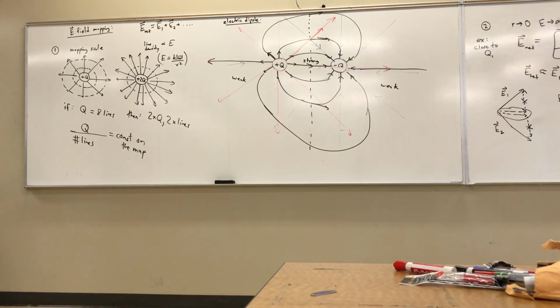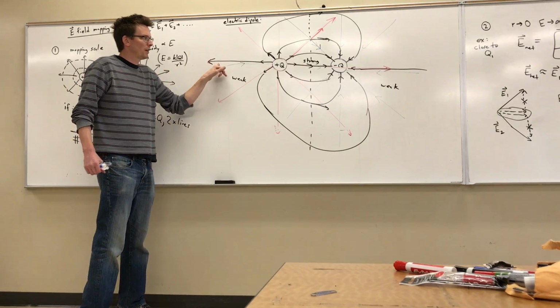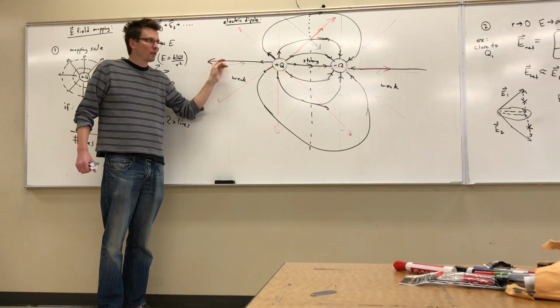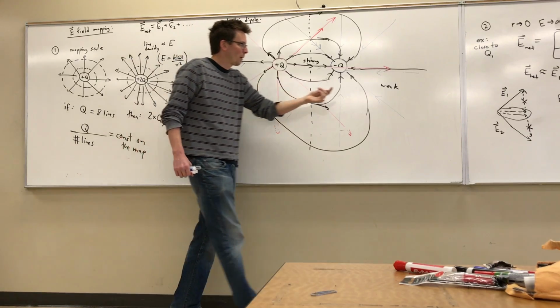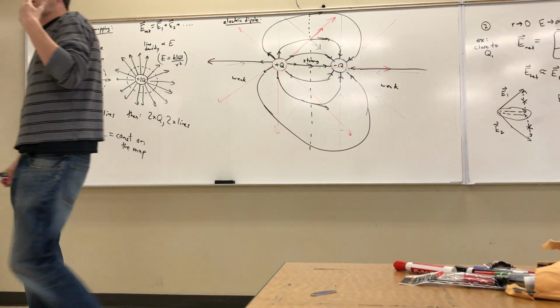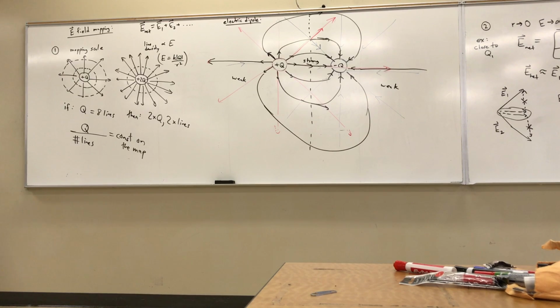The one exception, of course, is this one. This is the one lobe that essentially never makes it back around. So this one goes to infinity, this one comes in from infinity, okay? Now, on the homework, you may have maps where there doesn't happen to be an equal amount of positive charge and an equal amount of negative charge.